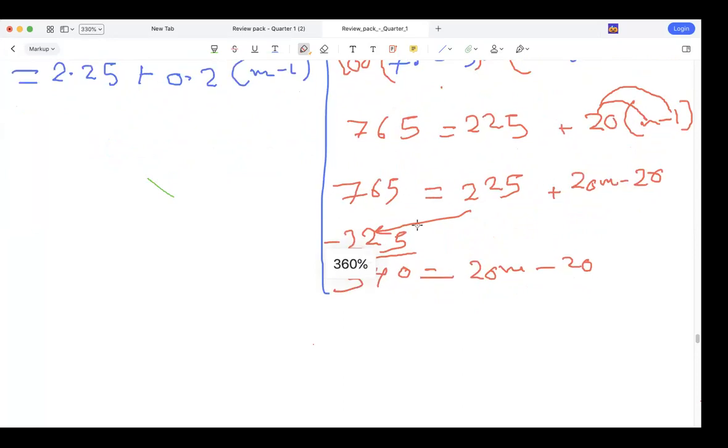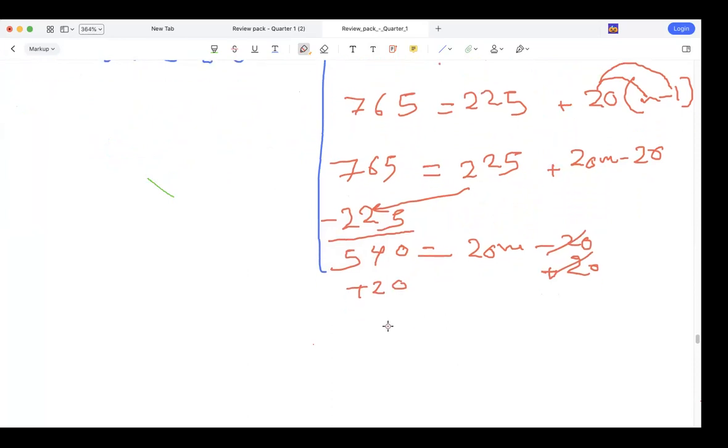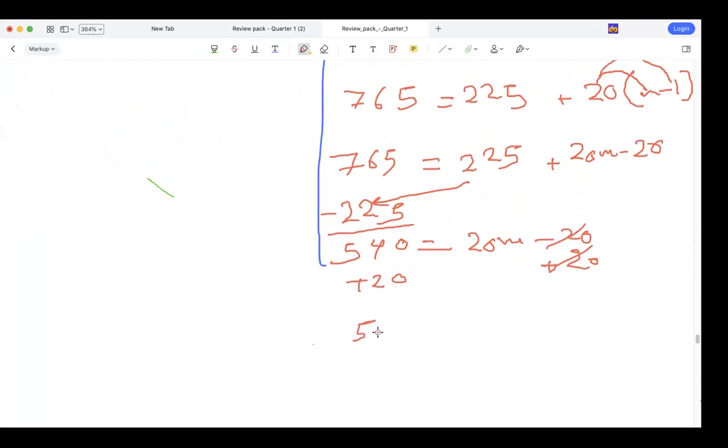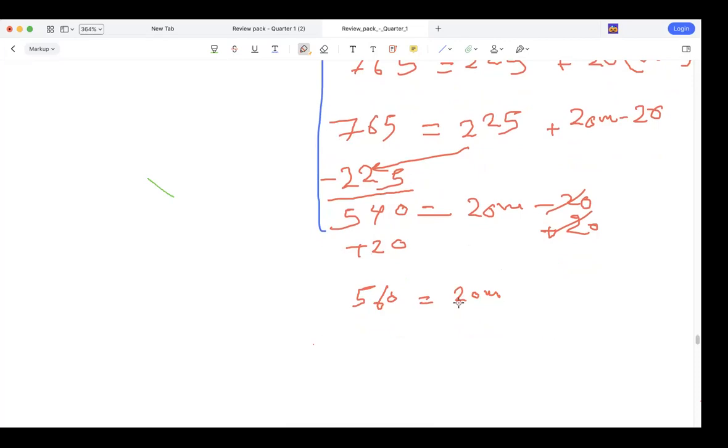Good job, continue. Minus 20, no, add. We want to add 20, right? So add 20: 560 equals 20m, correct? 560 divided by 20.